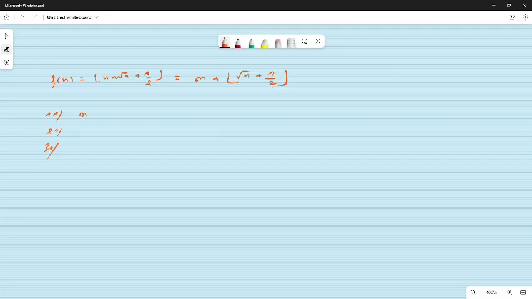First case is when n is the square of an integer, and the second is when n is between k square plus 1 and k square plus k, and the third when n is between k square plus k plus 1 and k square plus 2k.